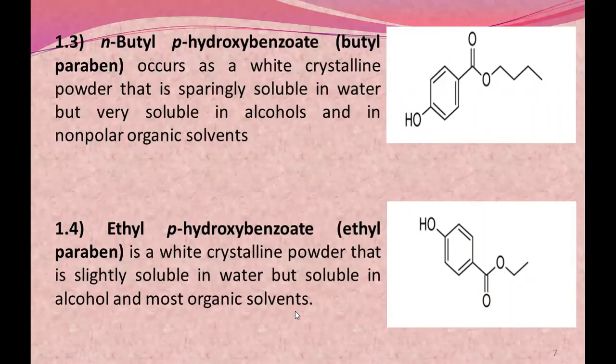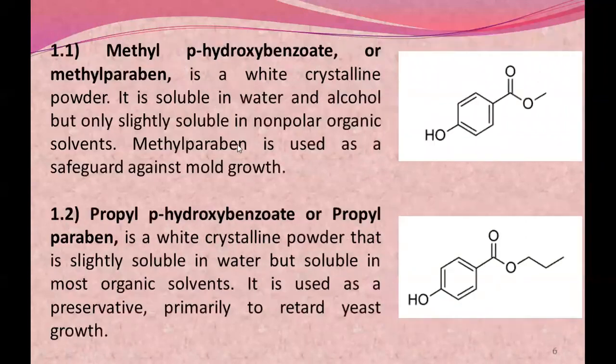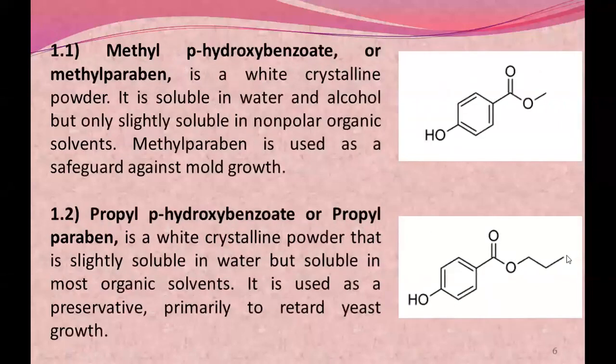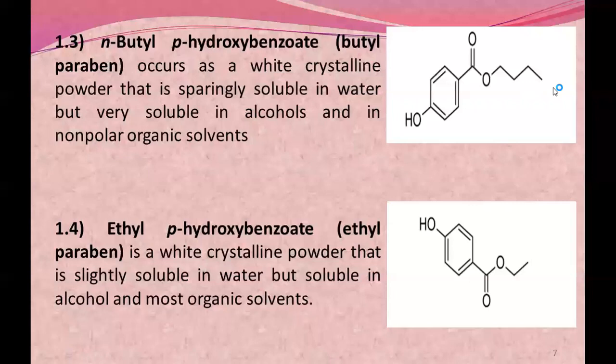So how to memorize these properties is very simple. If you compare these four compounds, methyl, ethyl, propyl, and butyl, you can see the groups that are attached to oxygen, the number is increasing. Here it is 1 carbon, then in ethyl it is 2, in propyl it's 3 carbons, and in butyl it's 1, 2, 3, 4 carbons.